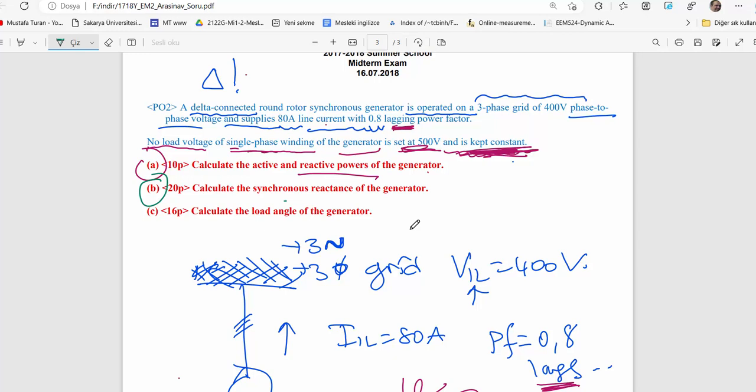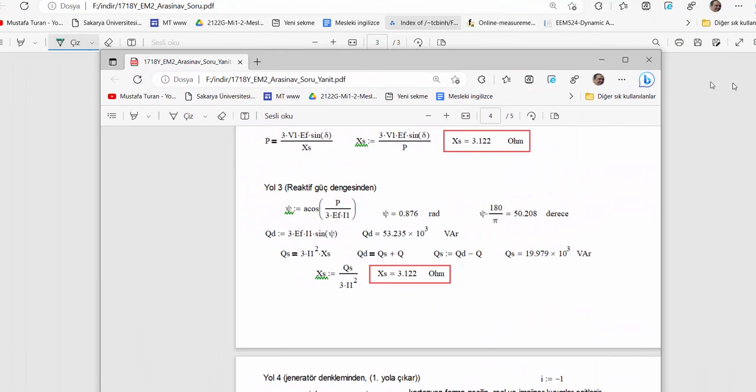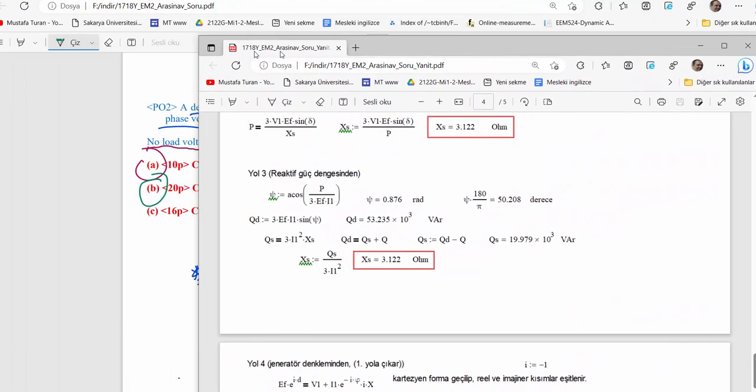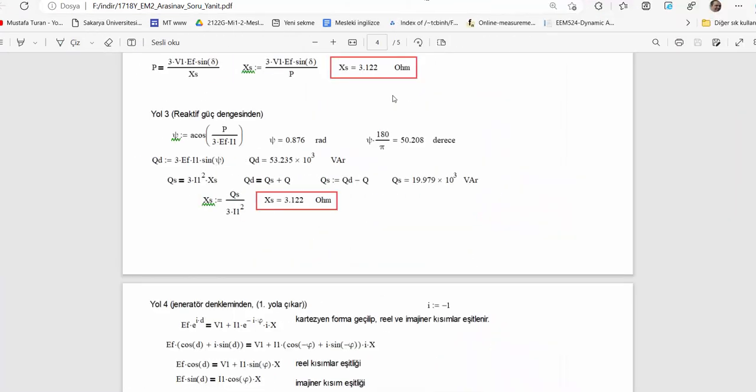Calculate the synchronous reactance of the generator. Here would be 4 different approaches to calculate the result. Let me show by using the answer sheet.